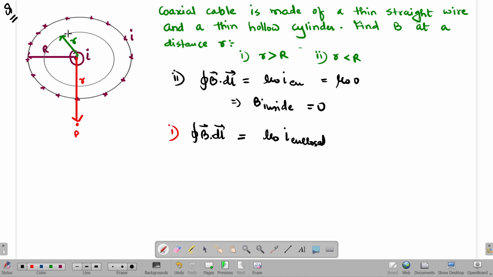It will be present on the surface, although it is drawn over here. So the net current is how much? Total current is I. So therefore, B into 2 pi R is equal to mu naught I. B is equal to mu naught I by 2 pi R. Many people will think that I will add it with I and it will become 2I. It's not possible. Charges cannot increase.